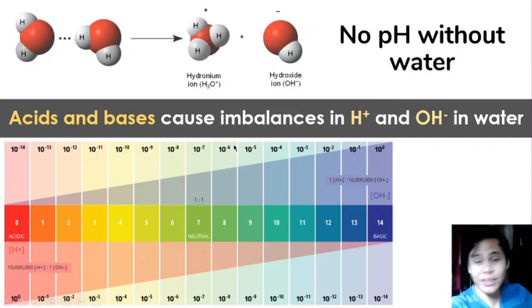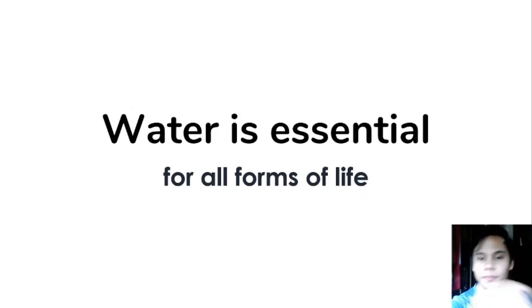So the pH level that you see, it's just water being manipulated by your acids or bases so that there's more hydronium ions or hydrogen ions and hydroxide ions. Okay, so high pH means more hydroxide and low pH means more hydronium or hydrogen ions. So in short, water is essential for all forms of life.